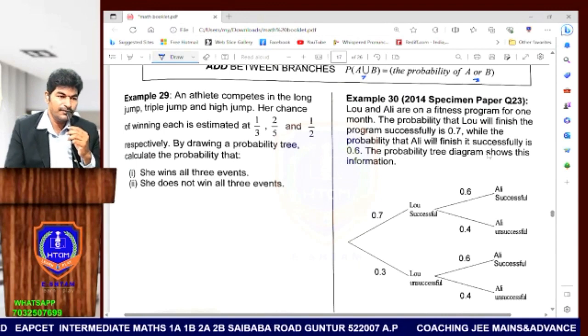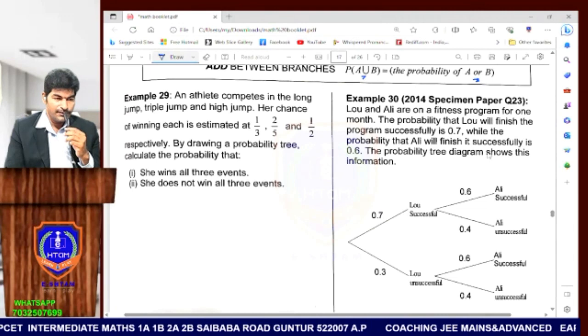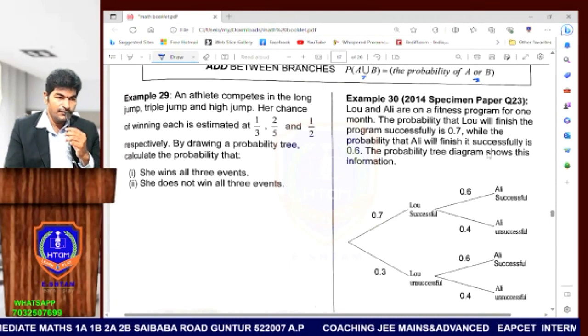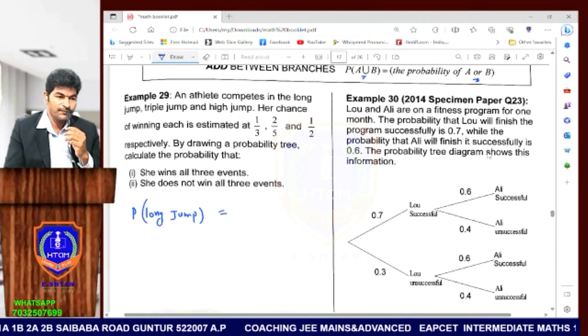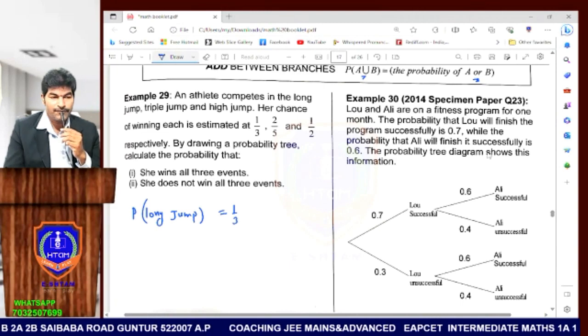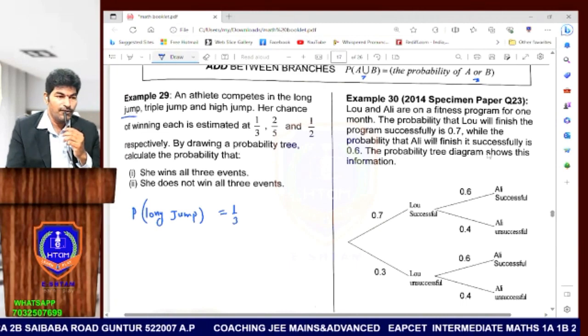Look at this example. An athlete competes in the long jump, triple jump, and high jump. Her chances of winning are: for the long jump, the probability is 1/3.